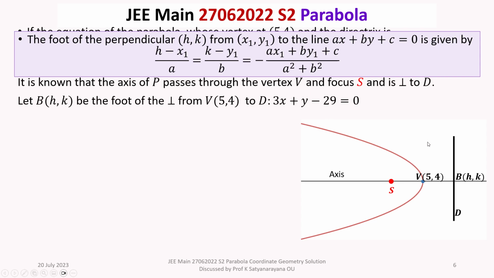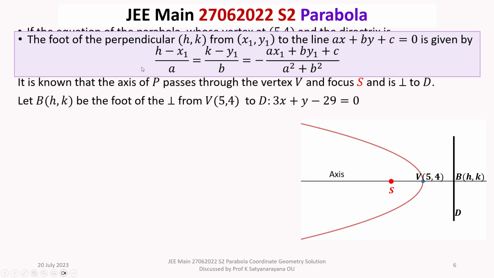In our case, (h, k) is the foot of the perpendicular from the vertex V (5, 4). So x1 is 5, y1 is 4, and the line in our case is the directrix, given by 3x + y - 29 = 0.